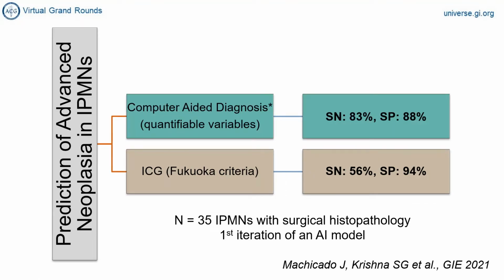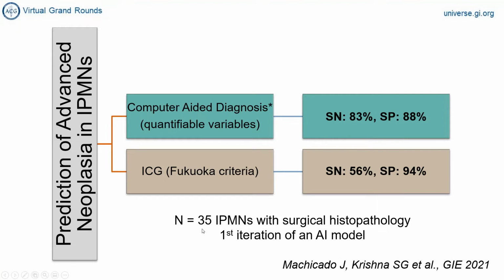And in another recent publication, we looked at these endomicroscopy images, which have more of a homogeneous image pattern. So we have developed an artificial intelligence model because there could be significant inter-observer variation when you use human observers. In this first iteration of the AI model, in about 35 patients with the gold standard reference, which is surgical histopathology, the sensitivity was 83% and specificity was 88% in classifying IPMNs as those with low versus high-grade dysplasia.